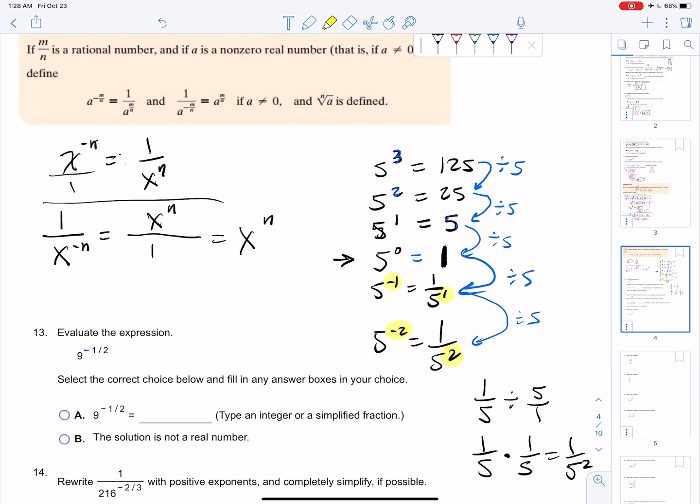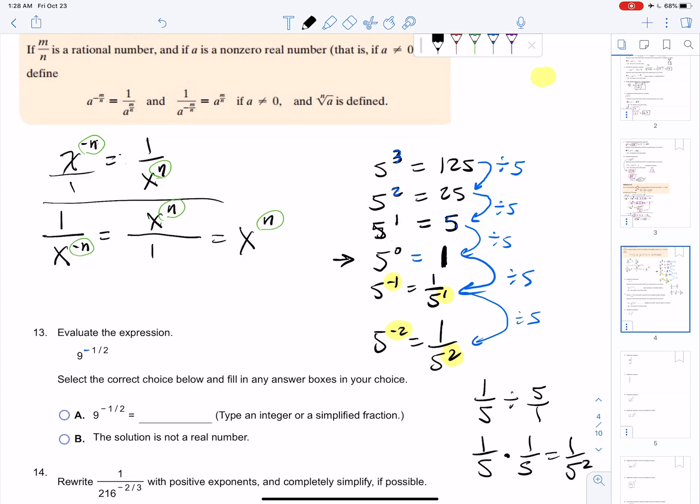We have x to the negative nth. If we write that as 1 over x, it would be to the positive nth in the bottom. And also, if we had 1 over x to the negative nth, if we brought it up top, it would be positive nth. And those are nice little shortcuts to use.